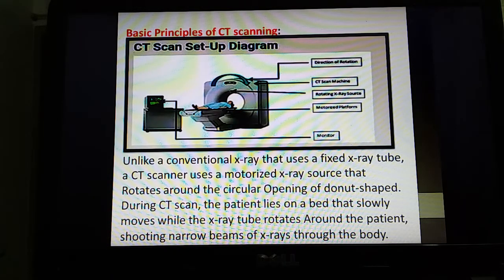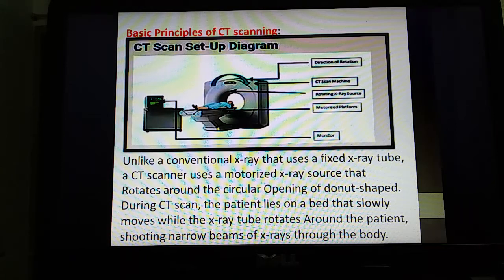There is a specific direction of rotation, as by rotating the machine, images are taken from different angles. The direction of rotation is also indicated over here.